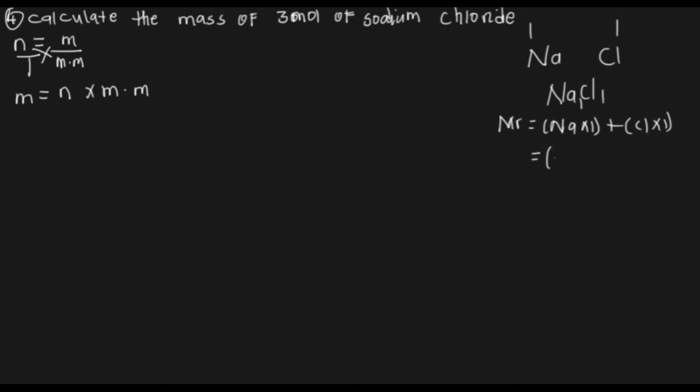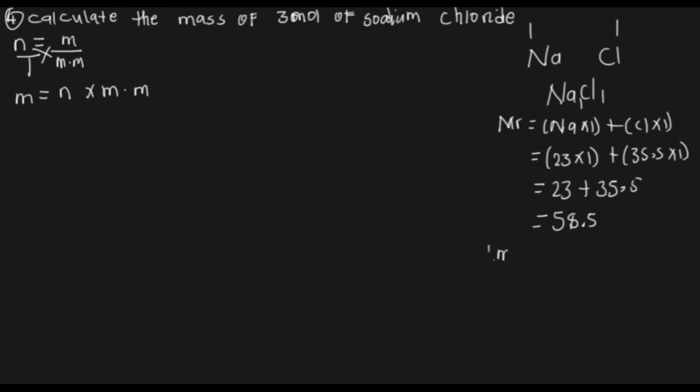The mass number for sodium, we use 23 multiplied by 1 plus 35.5 times 1, which is 23 plus 35.5 is 58.5. So this is the relative formula mass.